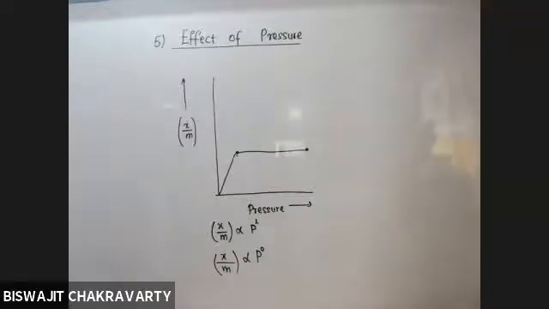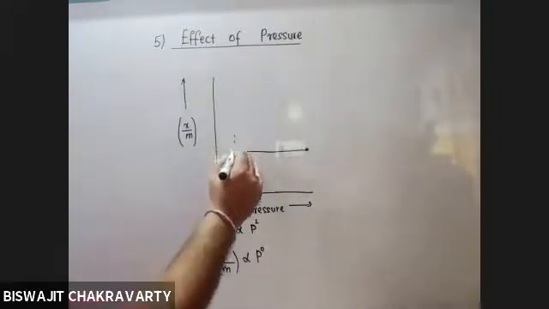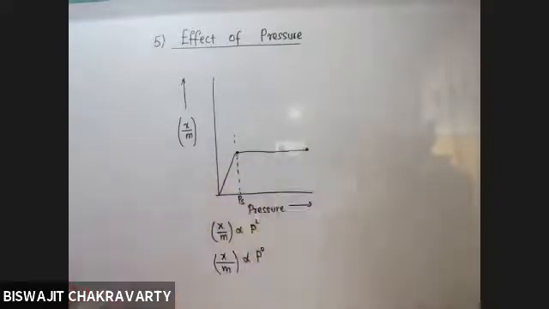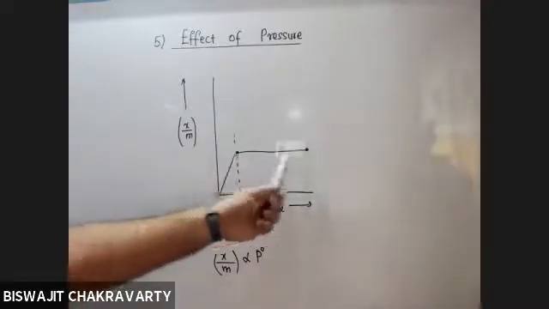At a time, when that happens, there will be no benefit in exerting pressure, because for adsorption to happen, vacancies must be present on the surface or not. Yes. So this is the point which is called the saturation pressure, beyond which if you further exert pressure, there will be no benefit.